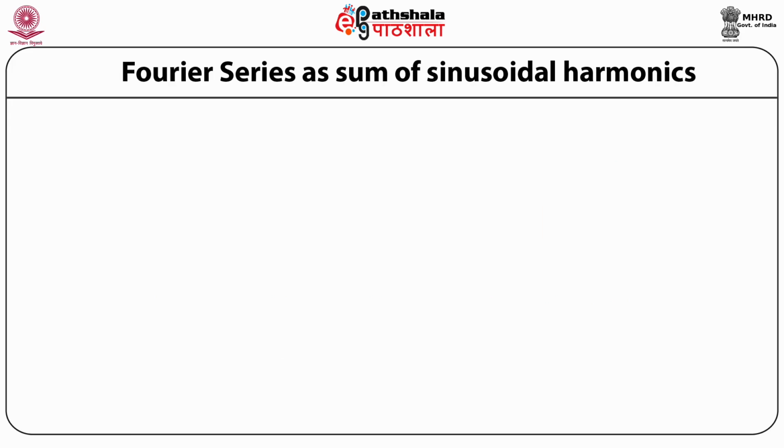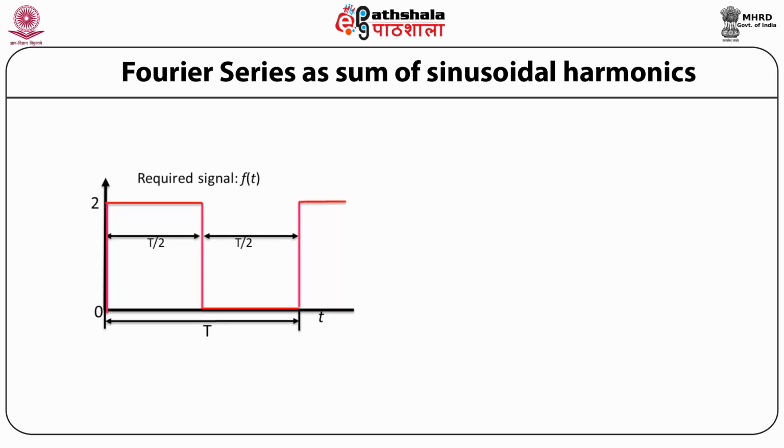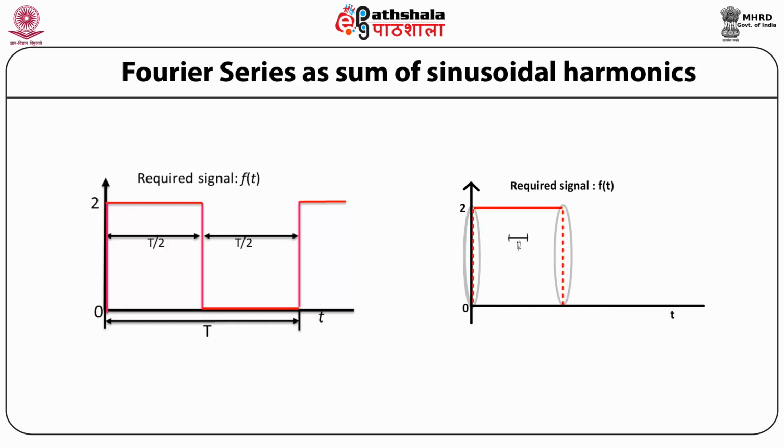We are going to see how we can go from one signal to the other. First, we have to understand what the required signal is. The required signal stays at a value 2 for T by 2. Then there is a discontinuity as shown in the right side figure. Then it falls immediately, sharply to 0. Then it continues again for T by 2.